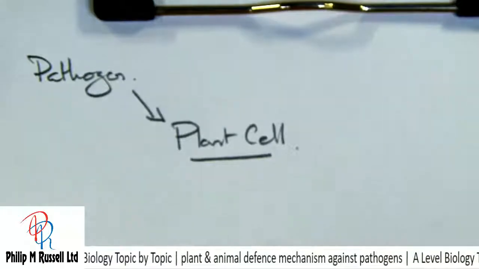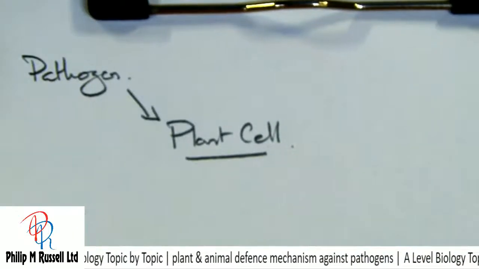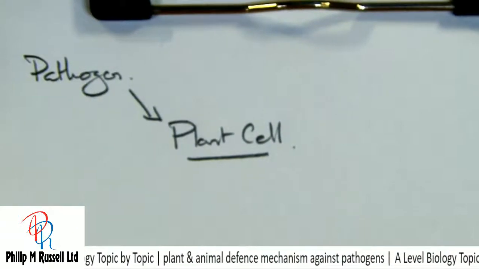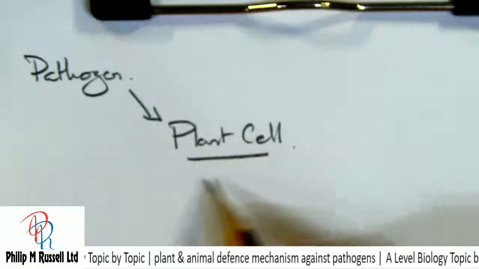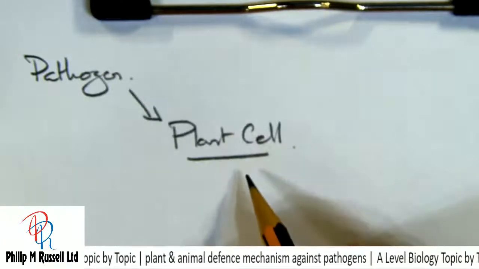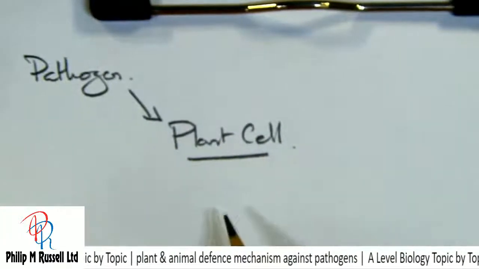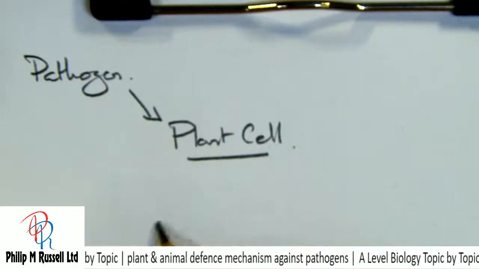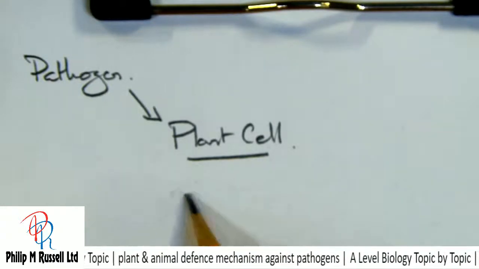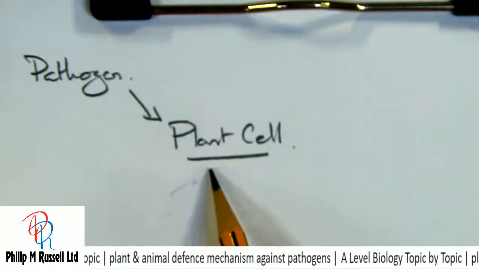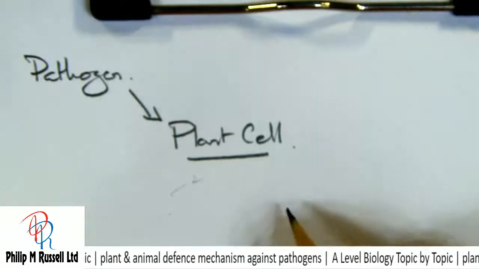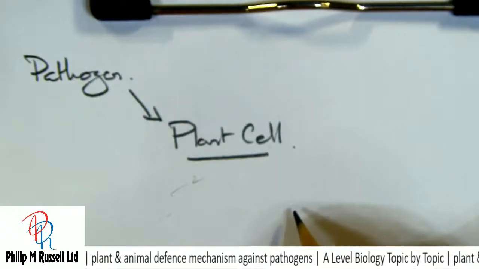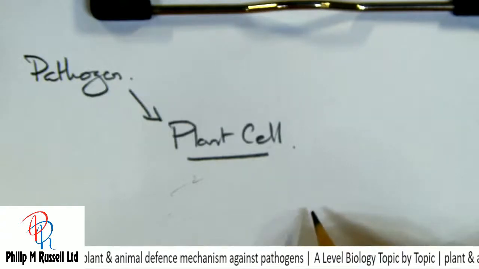Now, the plant therefore needs to recognize that it's not just a plant cell that's being attacked, but in fact lots of things are going to happen. So plants are not really very passive in this respect. They in fact respond quite well.